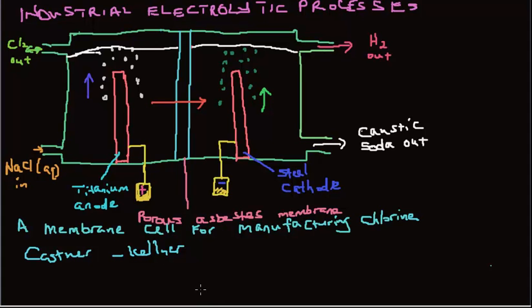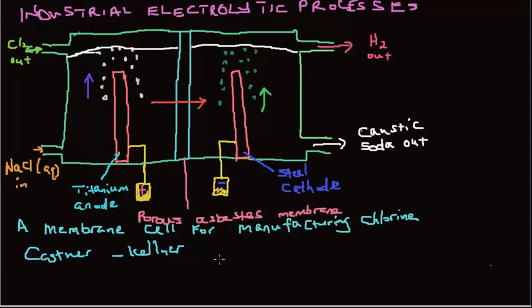However, we have some advantages in using the flowing mercury cathode. Number one, the sodium hydroxide obtained is highly pure. The process itself is very efficient, and the possible reaction between sodium hydroxide and chlorine is avoided as sodium hydroxide is obtained in a separate chamber, right?